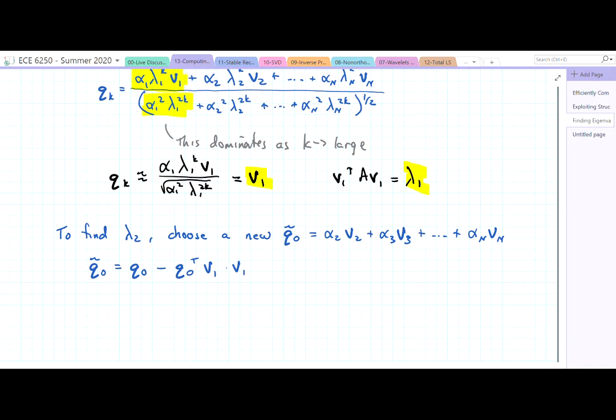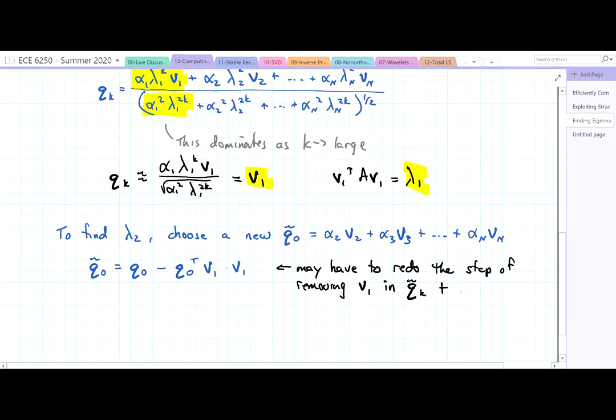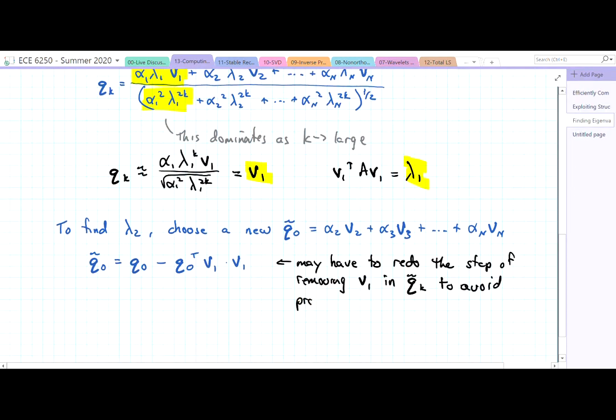We may have to occasionally redo the step of removing V1 in Q tilde K to avoid problems with round off.